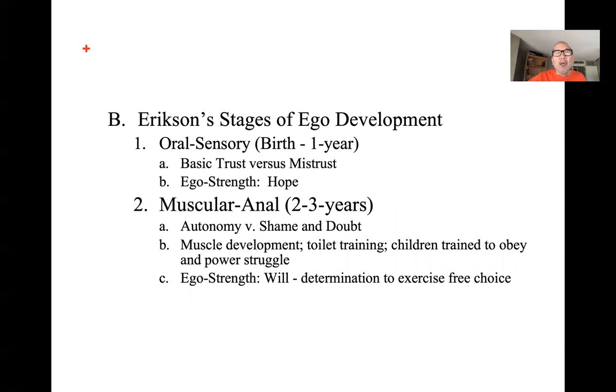For the infant, it's about eating and sleeping, basically, and also the sensory functions, what we see and hear, taking in the world that way. Now, at this stage, the fork in the road that the child is challenged with is whether they're going to experience the world as something that they can basically trust, or whether there will be mistrust.